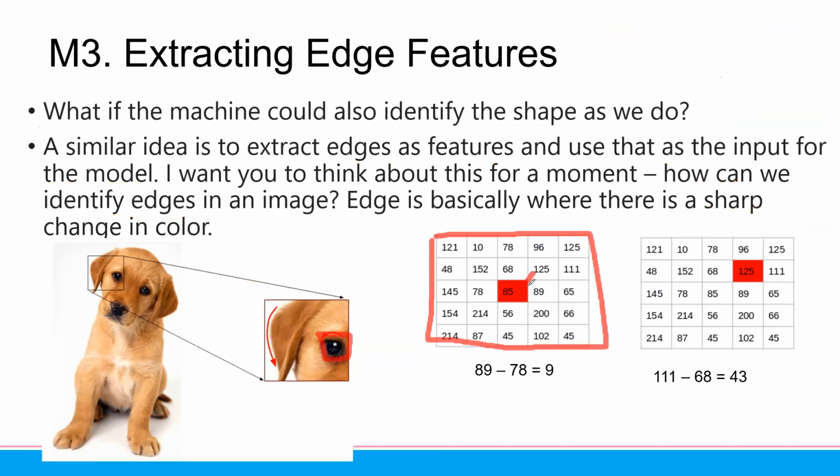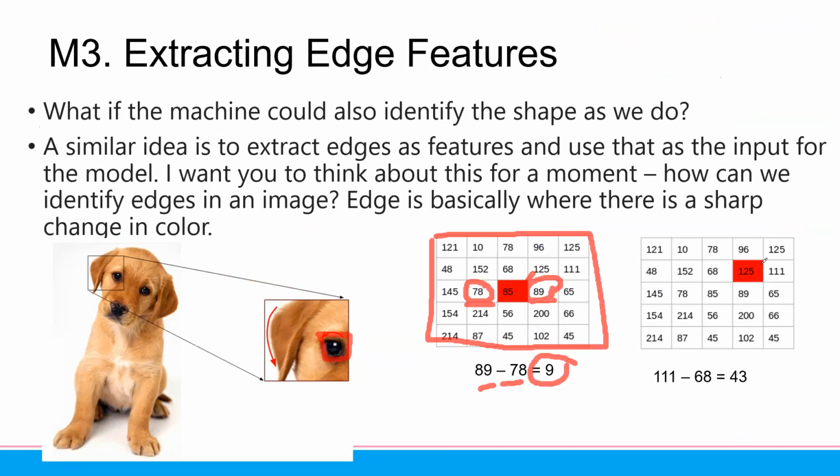For example, these are the RGB values, 85, where the left one is 78 and the right one is 89. To find the edge features, I would like to check the difference: 89 minus 78. Okay, the difference is not that big, only 9. Then I can say that the color is similar. Okay, then it cannot be an edge.